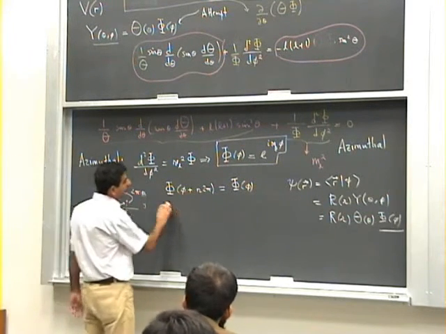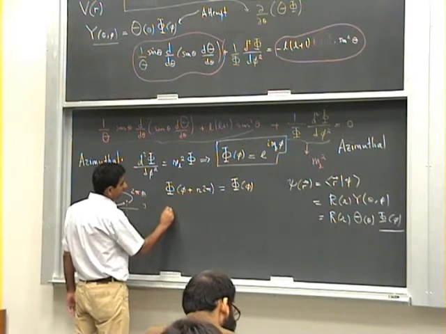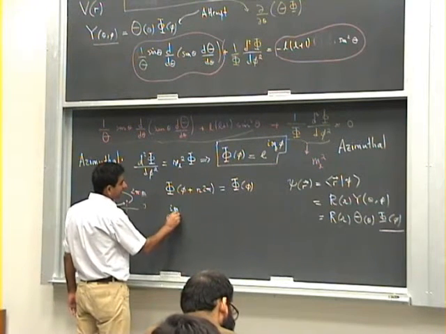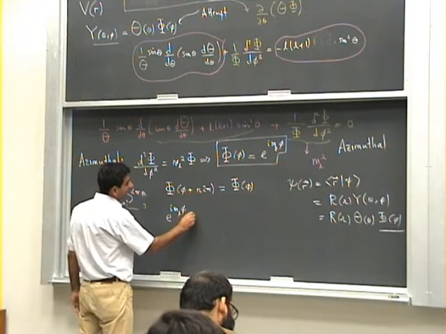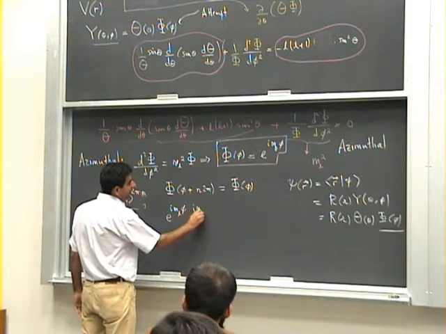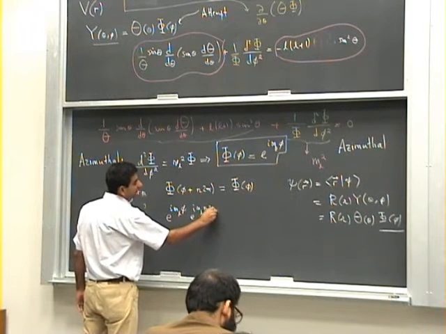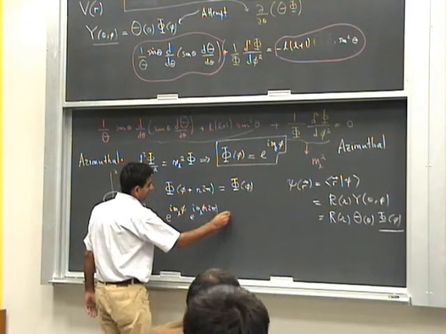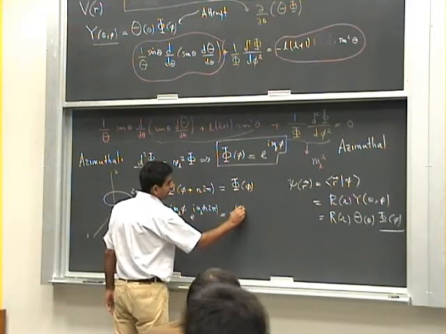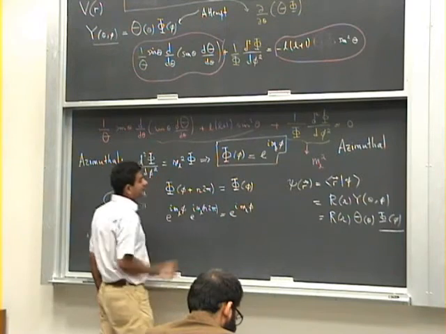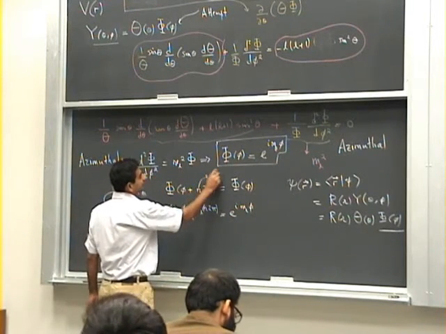So if I look at the left hand side, this is e^(i ml phi) e^(i ml n 2 pi) equals e^(i ml phi). Remember, this n is an integer.